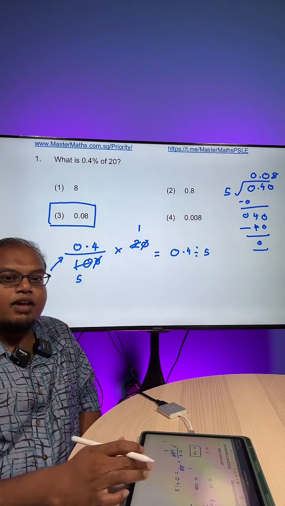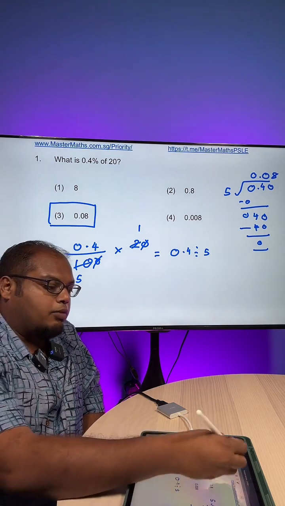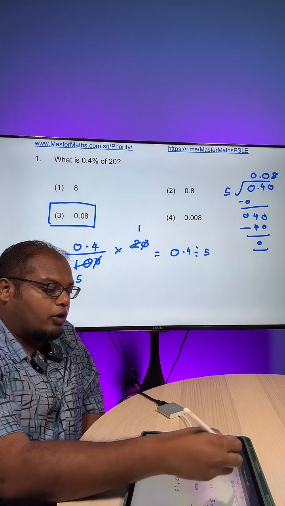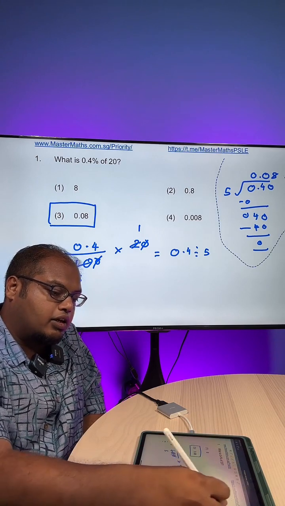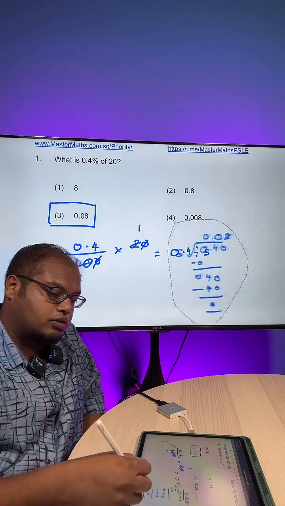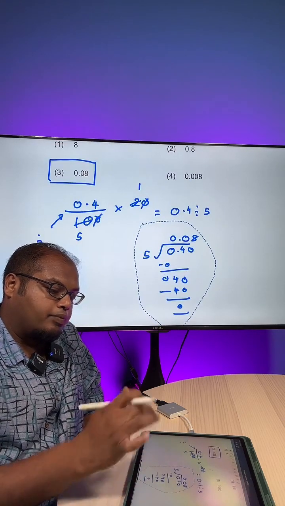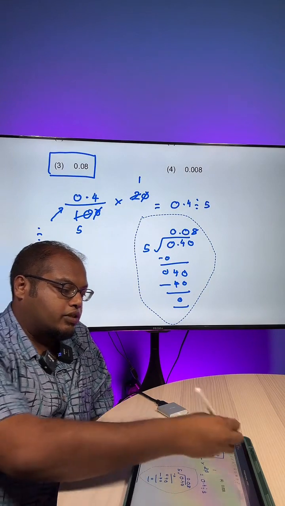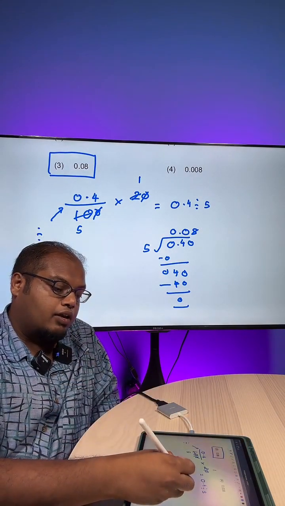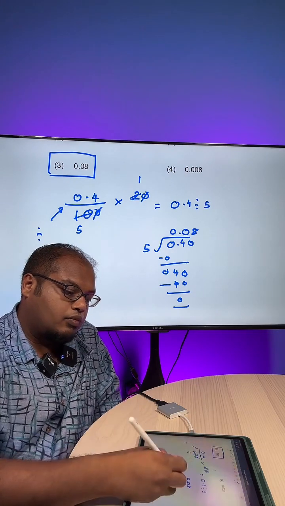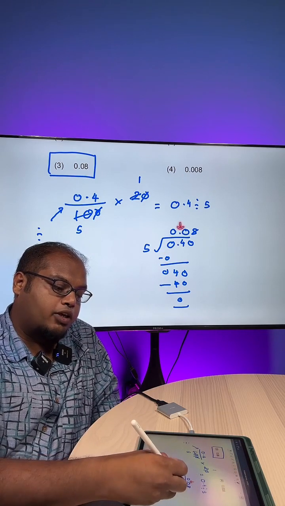Okay, those who are not able to see the division that I did earlier, let me shift it over. Just now I did this division where I did 0.4 divided by 5. 0 cannot, so I minus 0, I got 0. Then put a decimal point here.